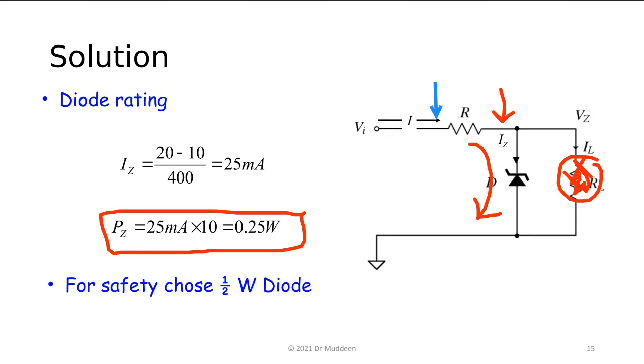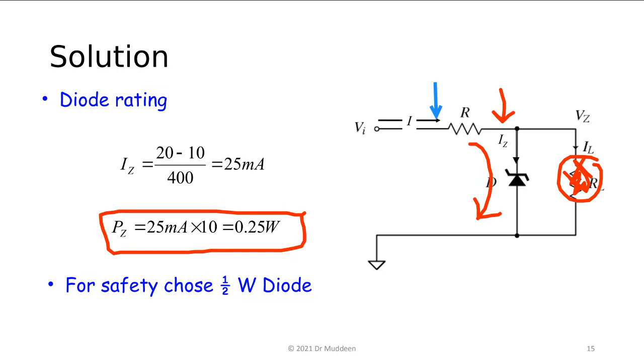It has to find a way of coping with that, right? It will get warm. The usual way for electronic devices to handle power is by getting warm. So the diode will heat up, but it has to somehow get rid of a quarter watt. It doesn't sound like much, but when you remember that the actual PN junction is something microscopic, you're really asking it to contend with quite a bit.